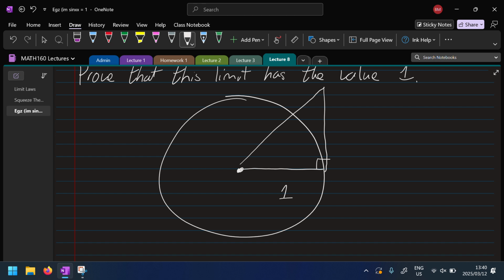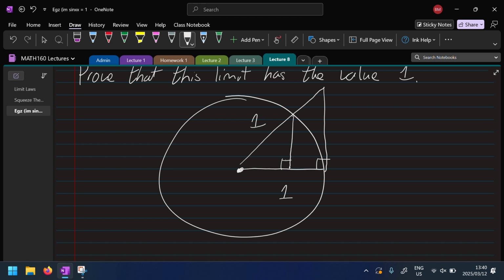Okay, the next thing we do, that intersection point between the extended radius and the circle, we're going to make a perpendicular line going down, and this will be perpendicular as well. So the tangent line and then this new perpendicular line, they're both perpendicular to the radius, which means they are parallel. That will be important in a bit.